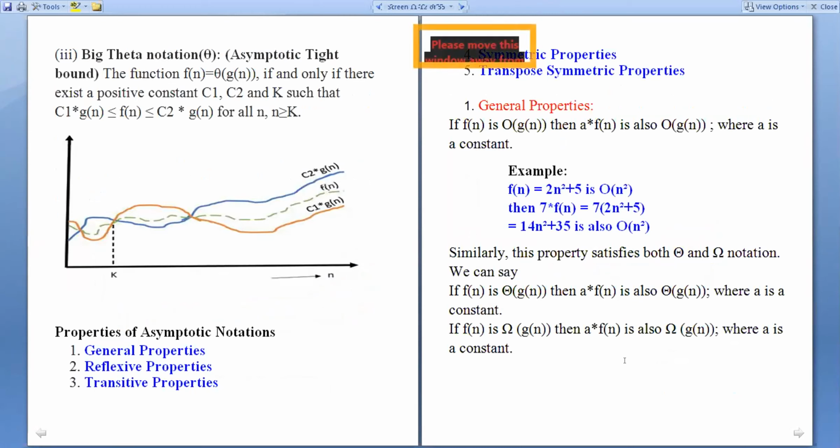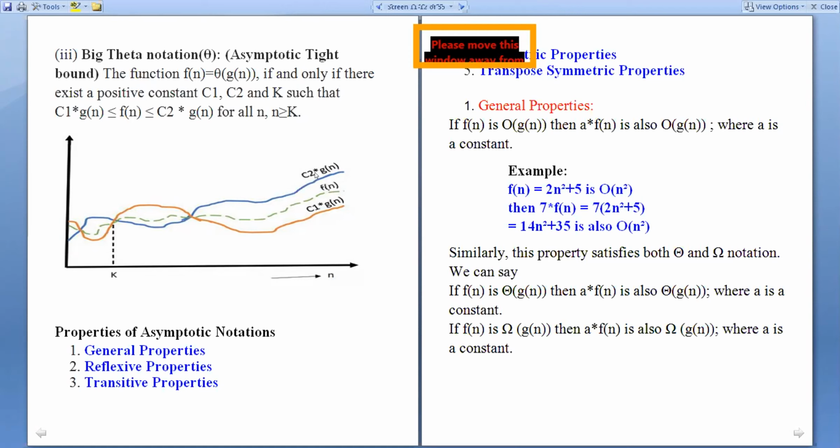Now see the big theta notation. In the asymptotic tight bound, the function f of n is equal to theta of g of n if and only if there exist positive constants c1, c2 and k such that c1 multiplied by g of n is less than or equal to f of n, which is less than or equal to c2 multiplied by g of n, for all n greater than or equal to k.